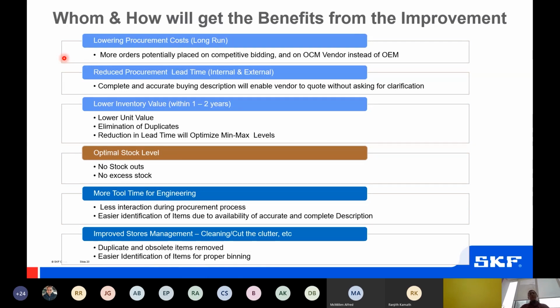The procurement lead time always has two different parameters, internal and external. Let's say the external is fixed because you get the external lead time from the vendor, but the internal, let's say one organization fixed the internal lead time at 1 month.